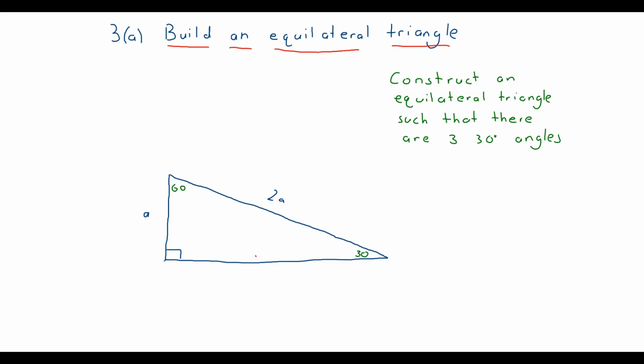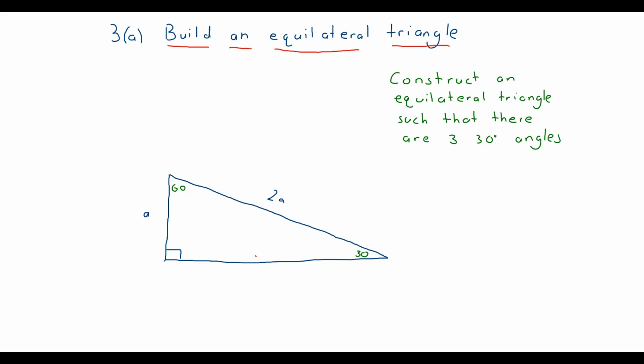So what we're going to do is pick one of these 3 sides, 1, 2, 3, to draw our equilateral triangle off, such that we're going to wind up with 3 30-degree angles in our final diagram. So pause the video, see if you can do that first, and do actually practice drawing it out with a pen and paper.